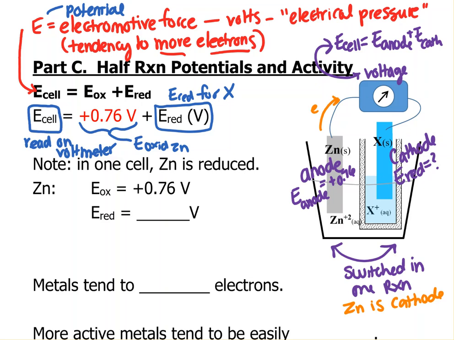So how we handle that: this is for zinc, and we know its oxidation potential. Guess what its reduction potential is? Well, it's the opposite, so it'll be the opposite sign. And that's always true, that these are always the same number, opposite sign.